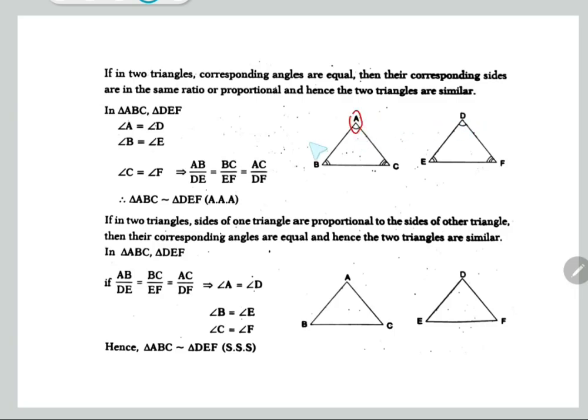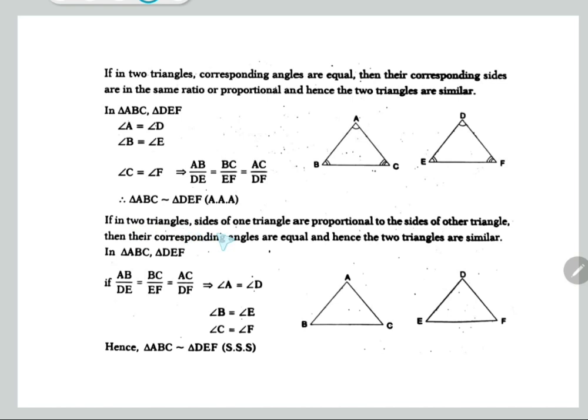Then the corresponding sides, AB by DE, BC by EF and AC by DF, these ratios are equal. When these ratios are equal, then ABC and DEF are similar triangles with respect to angle.